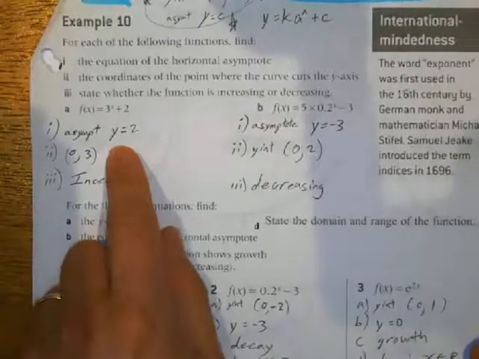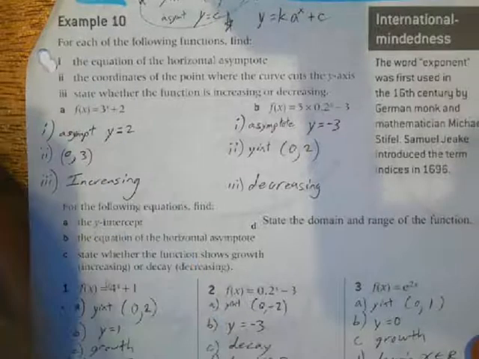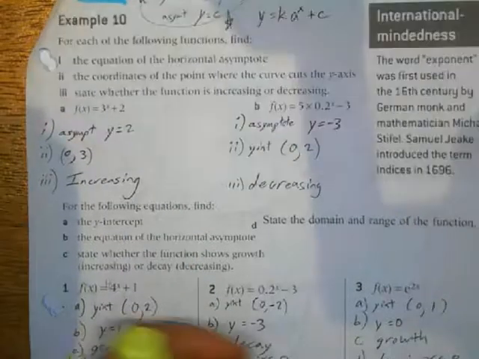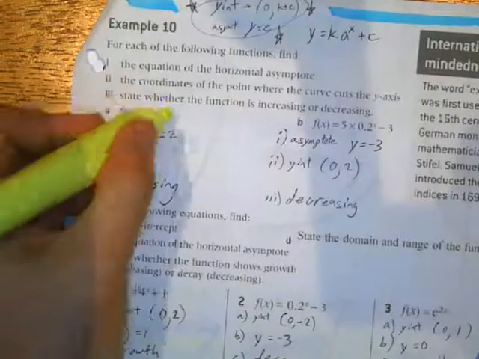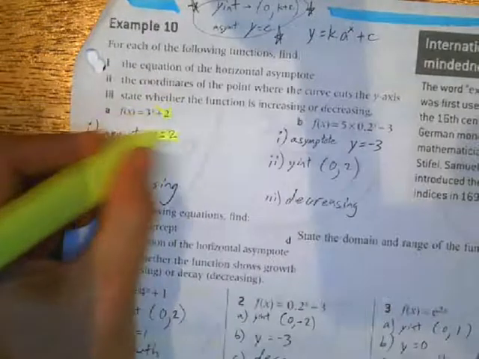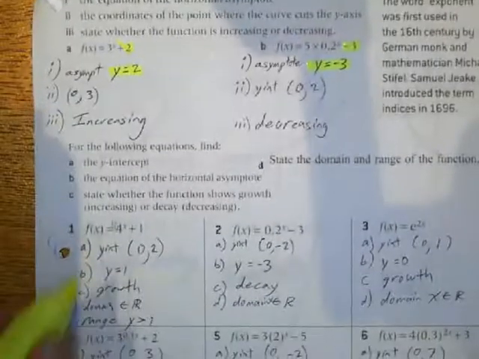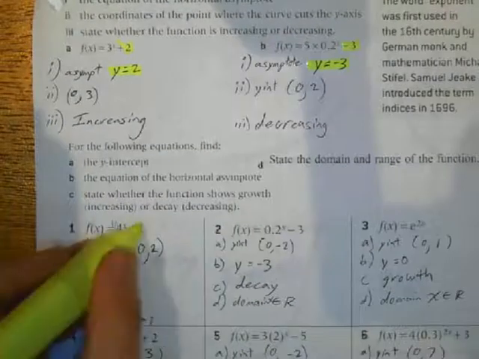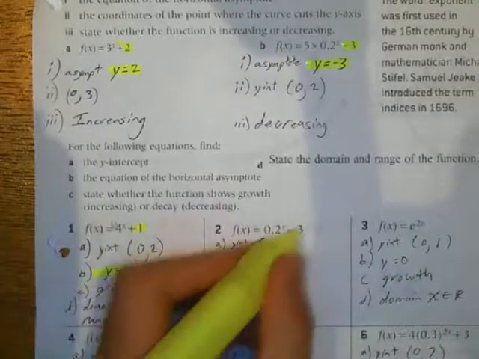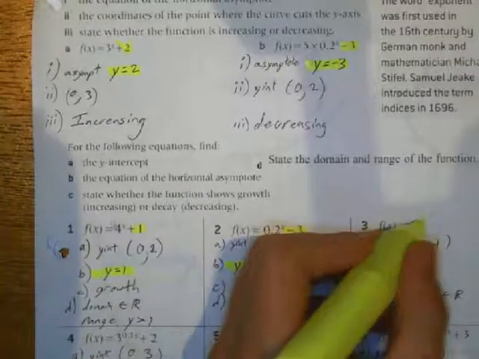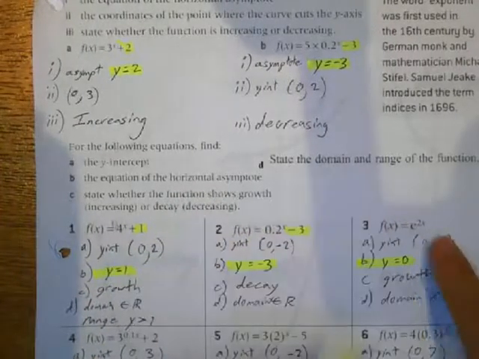Okay, so now that you've done your work, our horizontal asymptote happens at this value here. Notice there's no value here, so it's going to be at 0.